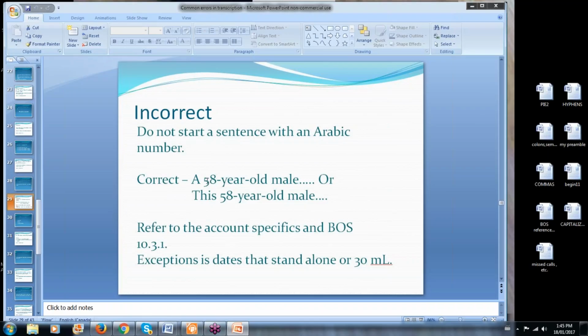But other than that, you never start a sentence with an Arabic number. Spell out the number at the start of a sentence. That's right, and you can too. Typing out the number 58 is acceptable as well.